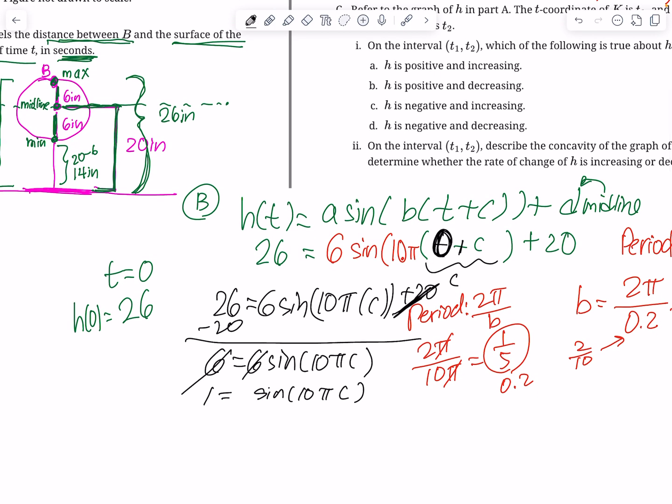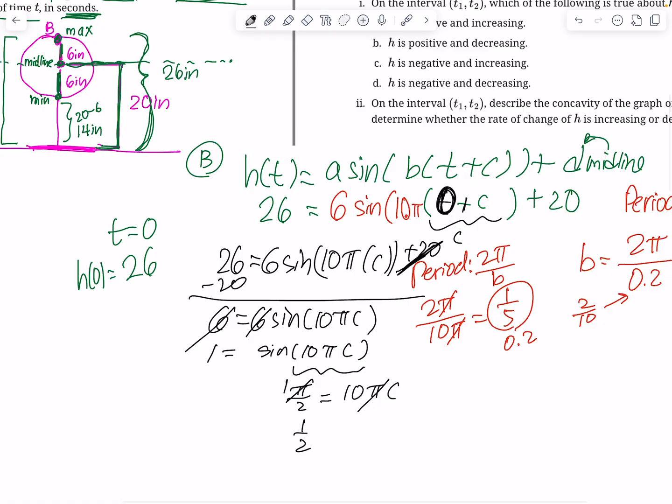And then we have sine of what will give me 1? Well, sine of pi over 2 will give me 1. So therefore, 10 pi c is the same thing as pi over 2. So you cancel the pi's. So we have a 1.